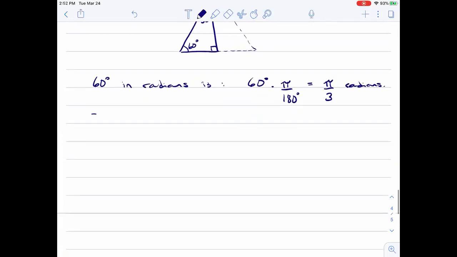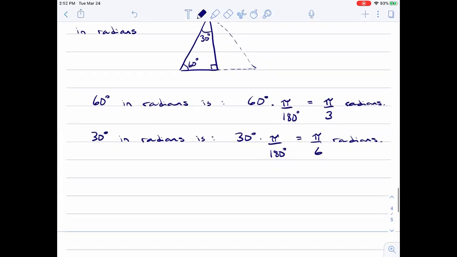Same idea here, 30 degrees in radians is 30 degrees times pi over 180 degrees. 30 divided by 180, I get pi over 6 radians.